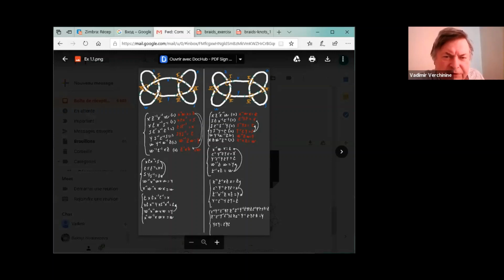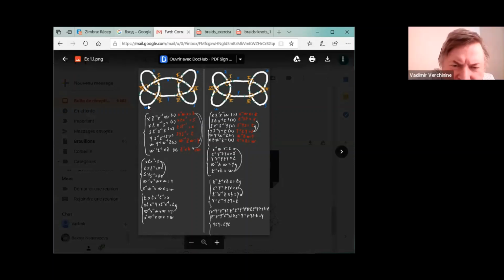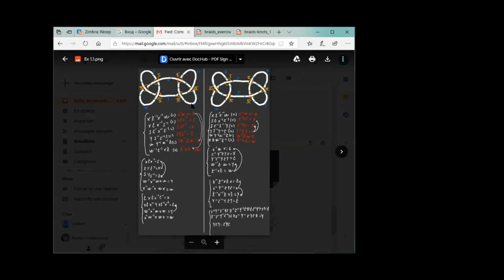They persist to the end. This, in your notation, is Y, and this is W, and this notation is S, right? S, I see.